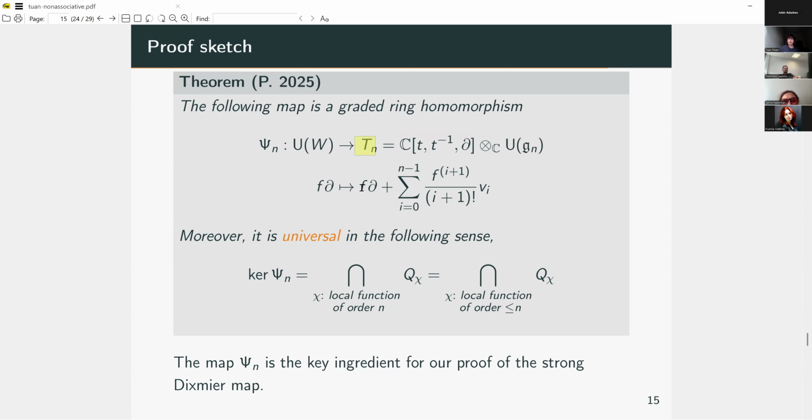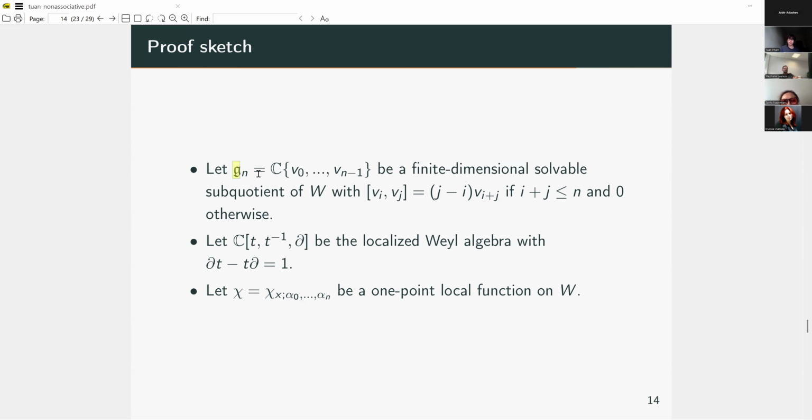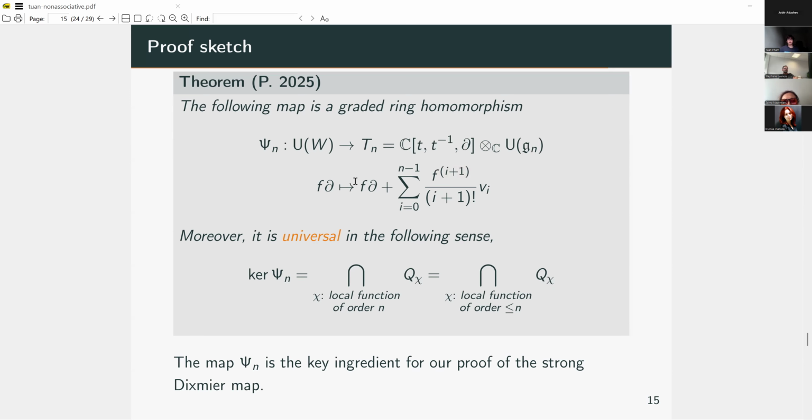I send f del to f times del again, and then I take the sum from i equals 0 to n minus 1 of f to the (i plus 1) derivative, divided by (i plus 1) factorial, times vi. Remember, vi is the basis of the Gn here. So this is a graded ring homomorphism, and moreover, this is universal.